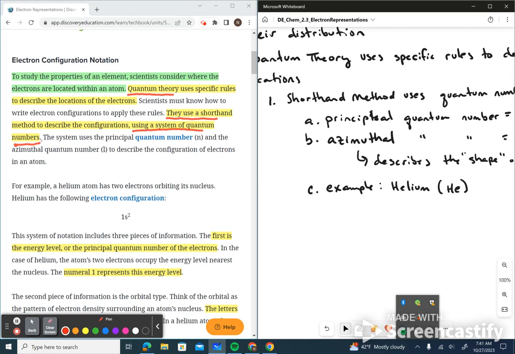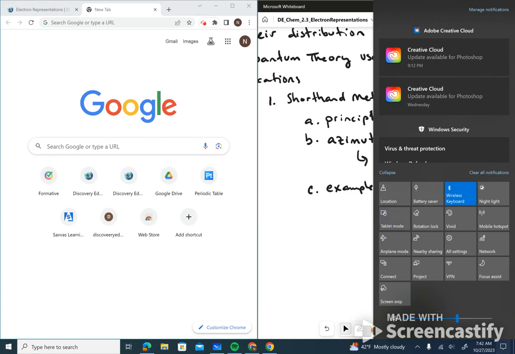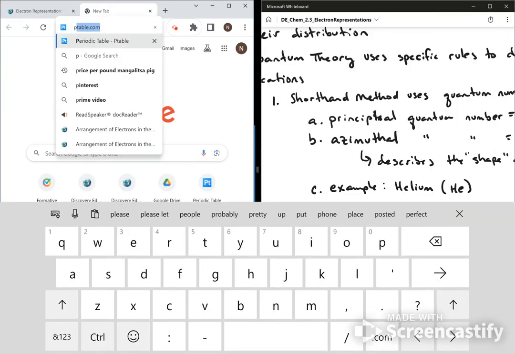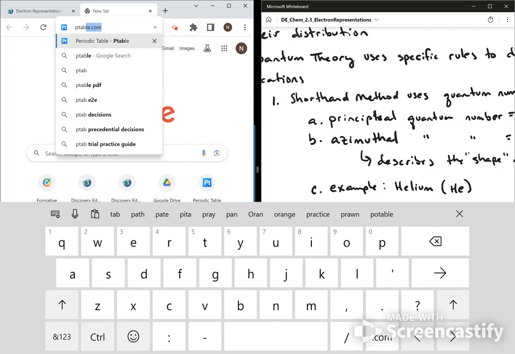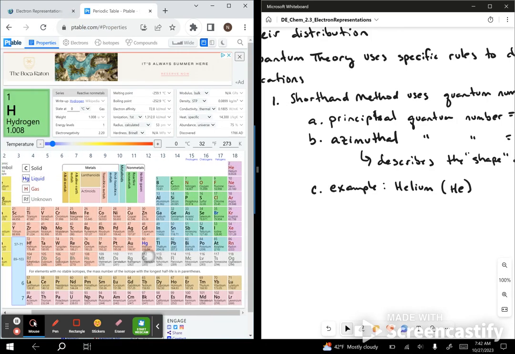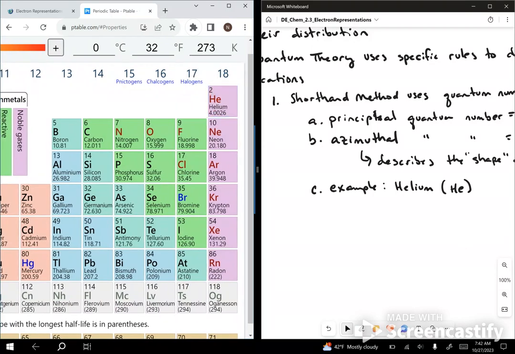And if we go and open up another tab here really quickly, this might be beneficial to us. And we want the periodic table. And if we look over here, there's helium. It's number 2, right? Number 2.